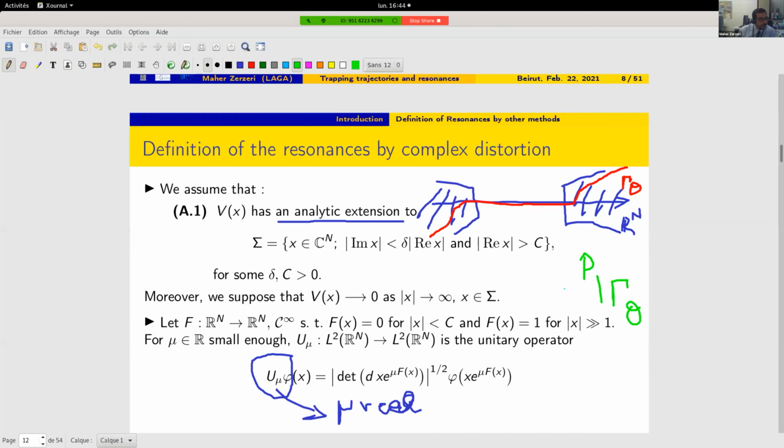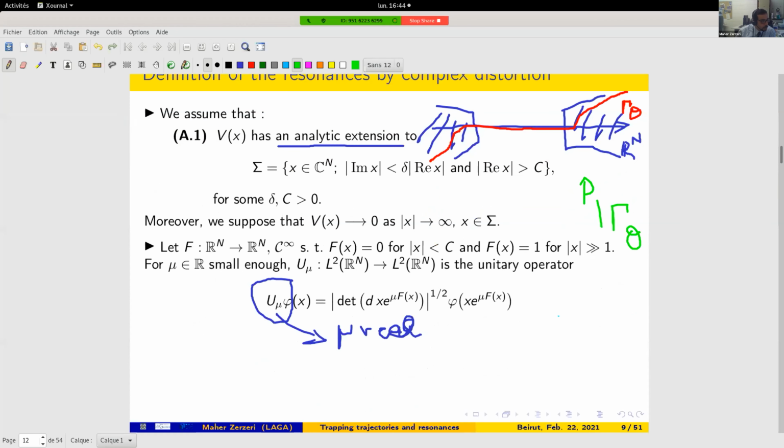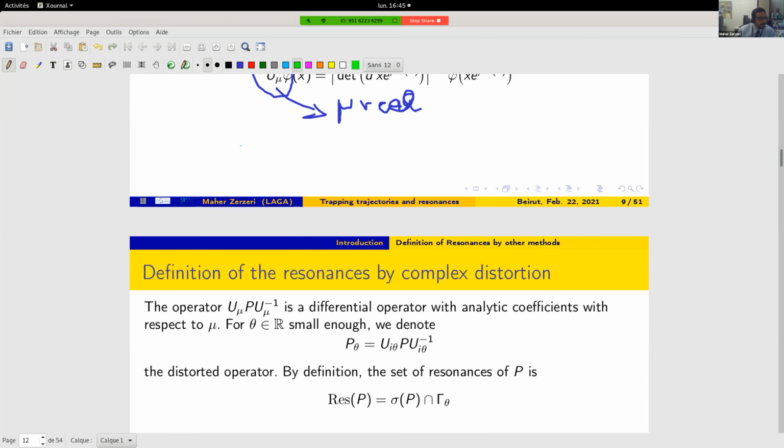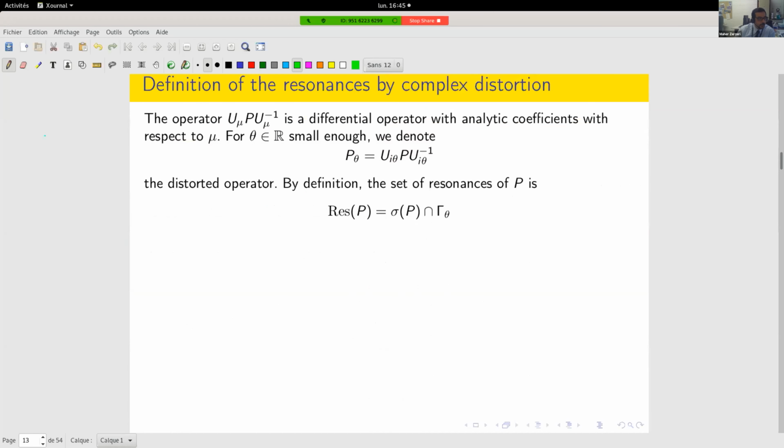The very important fact is that when mu is real, our distortion is unitary, okay? So you have two facts: for theta real, our deformation is unitary, and for theta complex and small, you have a non-self-adjoint operator P. So we define the resonances of P as the spectrum of P on gamma theta.